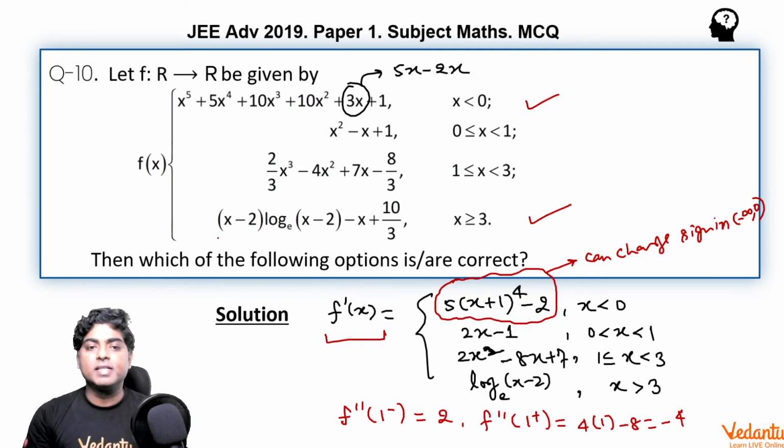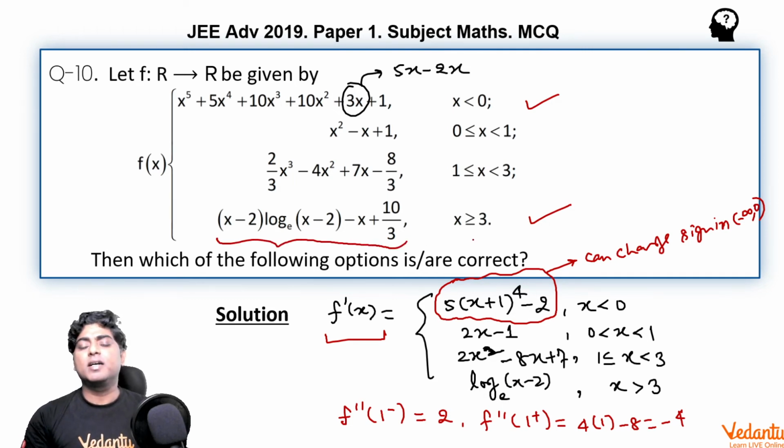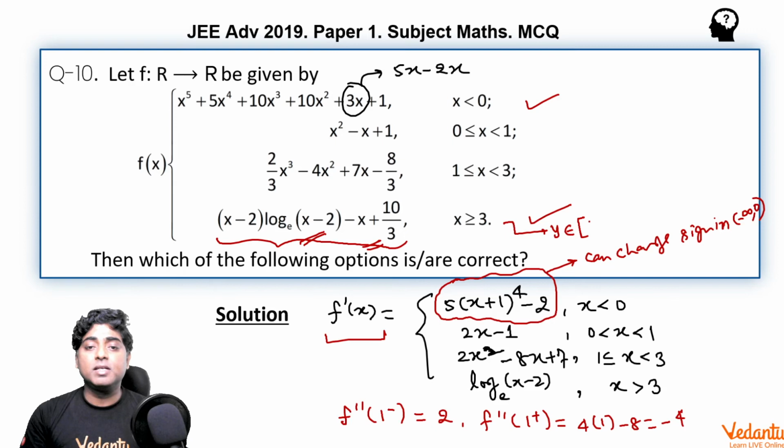So this part is increasing, right? In this part the range, just by putting x equal to 3, will give you 0, and from here you'll get minus 3 plus 10 by 3, that is 1 by 3. So in this part y is from 1 by 3 to infinity.